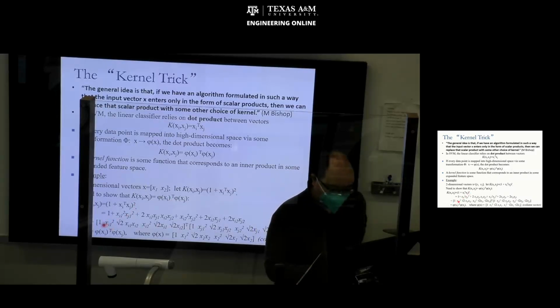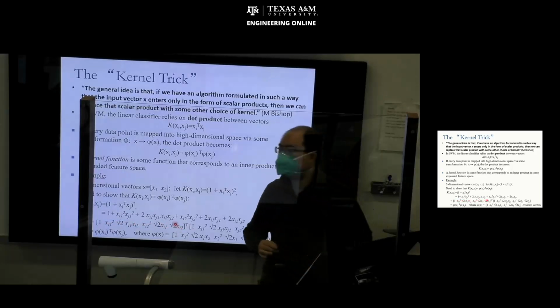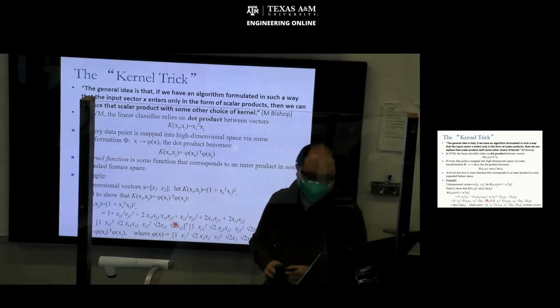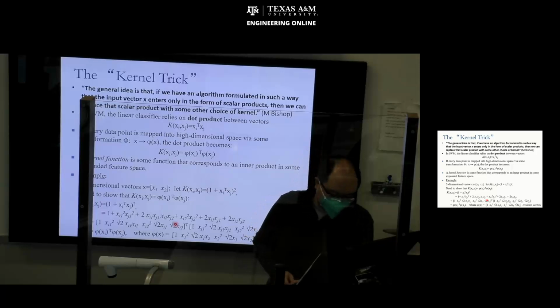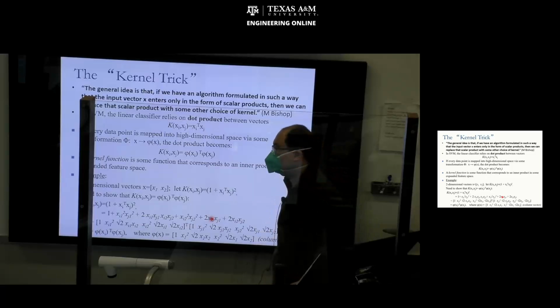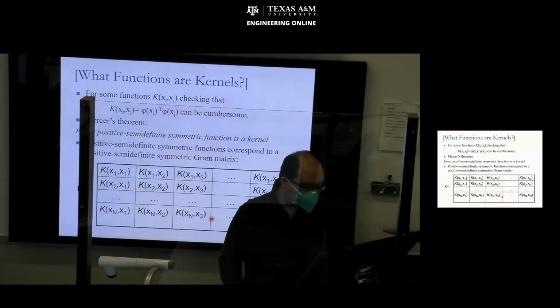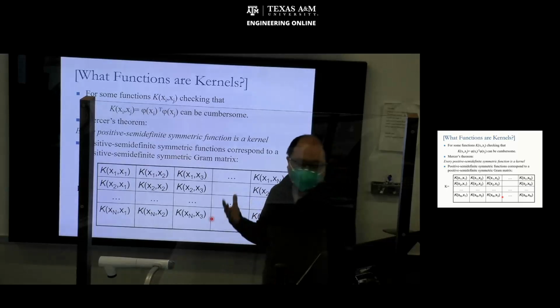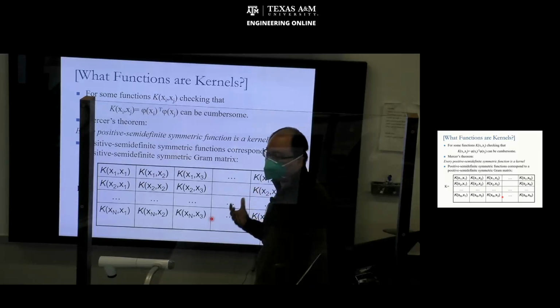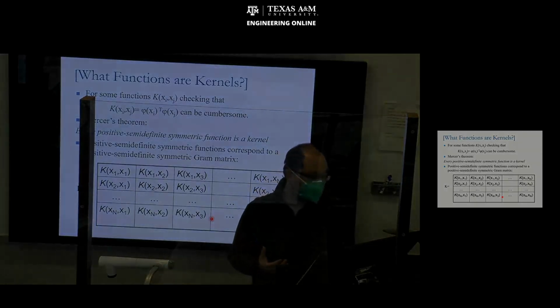This we can rewrite into a 6-dimensional phi, that higher dimensional space. So I suggest you look at this again. I think it's a very simple practice. But this is just one example. In general, what functions can qualify as kernels?